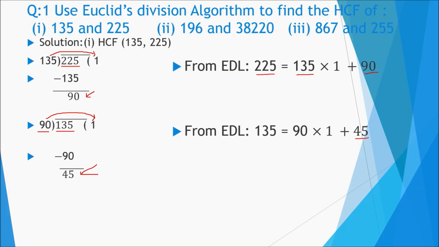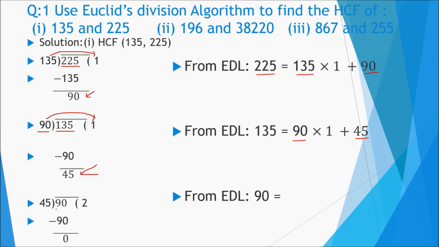In the next step, this will become divisor and 90 will become dividend. So we will divide this 90 by 45. So we know 45 twos are 90, and now we will get remainder as 0. So now we will not divide further and will apply EDL here.